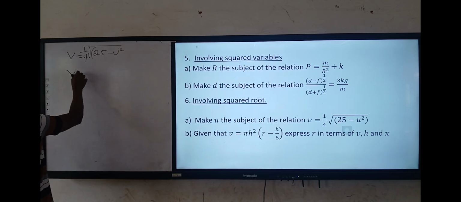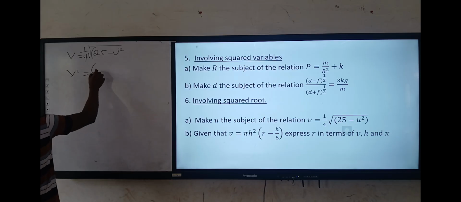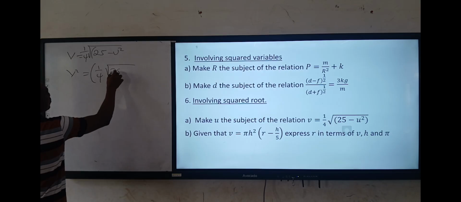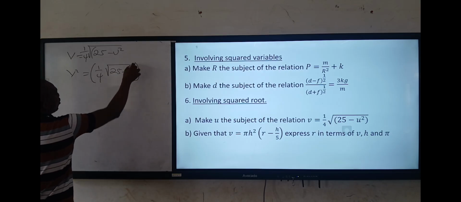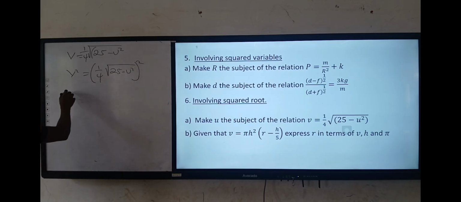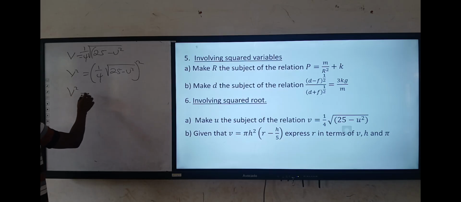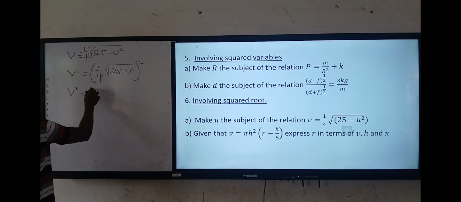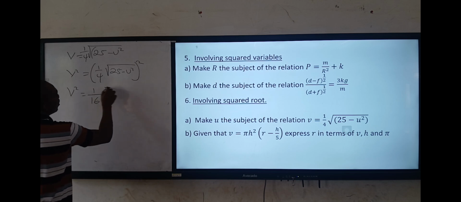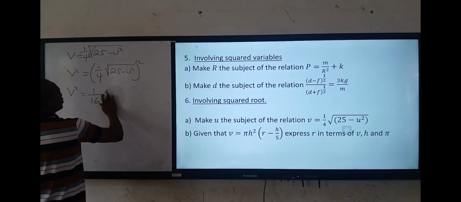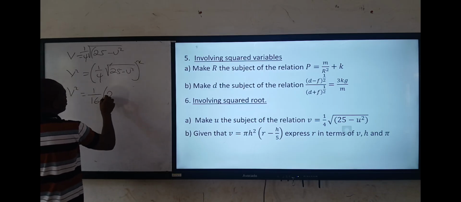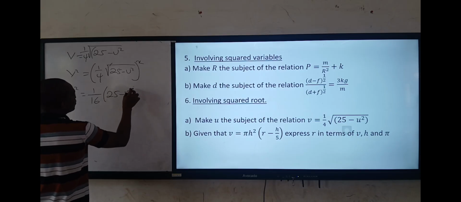So here will be v squared equal to, put it in a bracket, 1/4 square root of 25 minus u squared, all squared here. So it means that the square is affecting whatever is in the bracket. So 1 raised to the power 2 gives us 1. 4 raised to the power 2 will give us 16. Then the square will cancel the square root, leaving in the bracket 25 minus u squared.